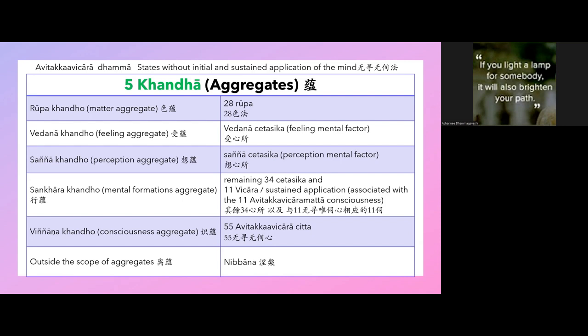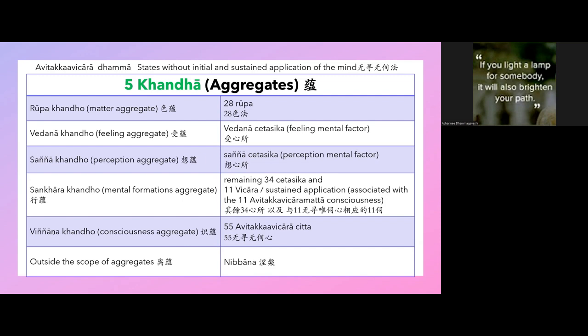The remaining 34 cetasika and the 11 vichara, which were associated with the 11 avitakkaavicāramattā or the second jhana consciousness, are classified under mental formations, sankhara khandha. And the 55 avitakkaavicārā consciousness are classified under consciousness aggregate.